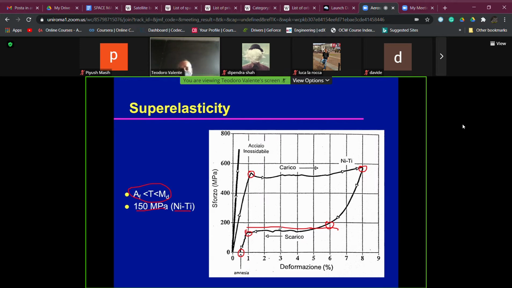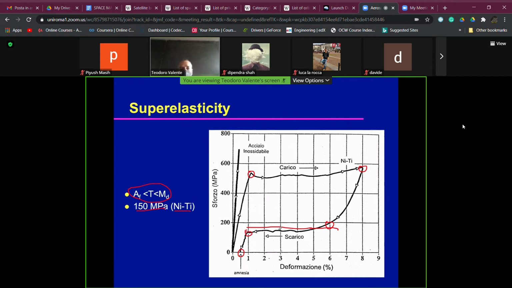So this is very interesting because if you remember, 150 megapascal are 150 Newton per square millimeter. So this means that they are 15, that is 1.5, kilogram, I mean kilogram force, per square millimeter.